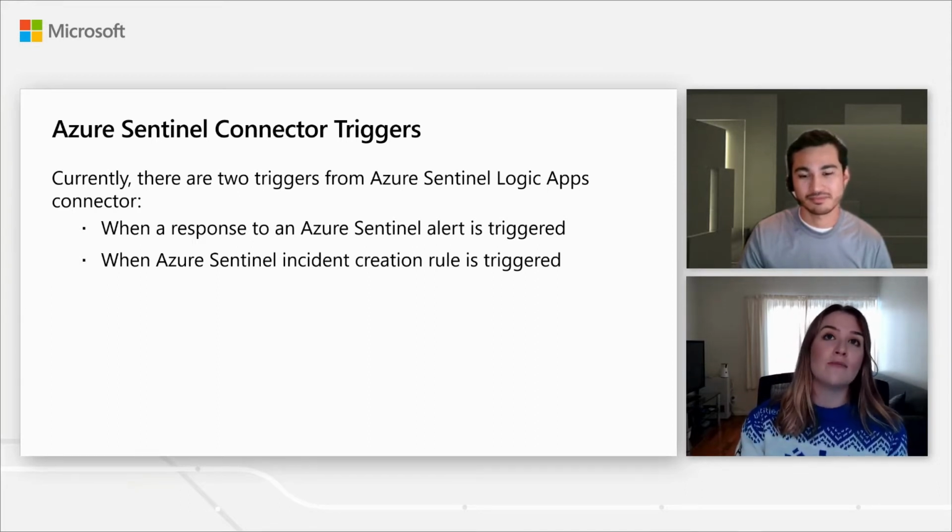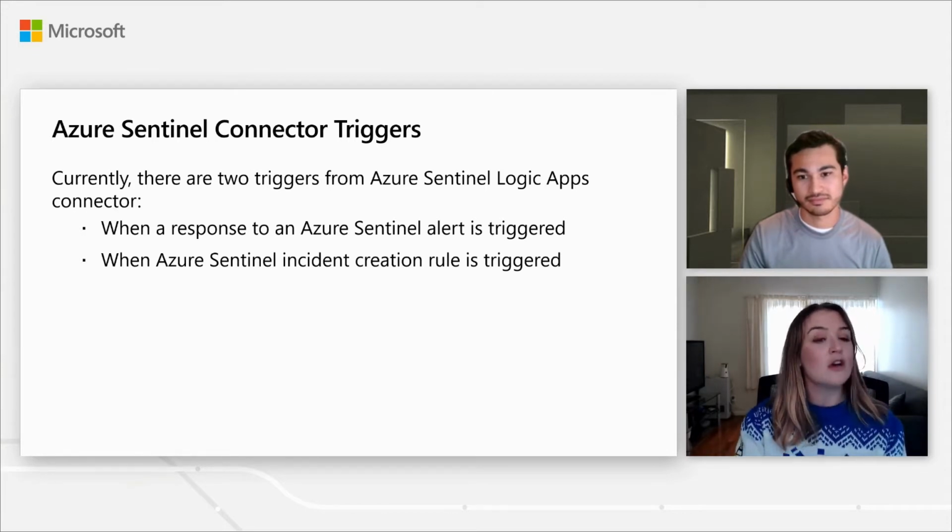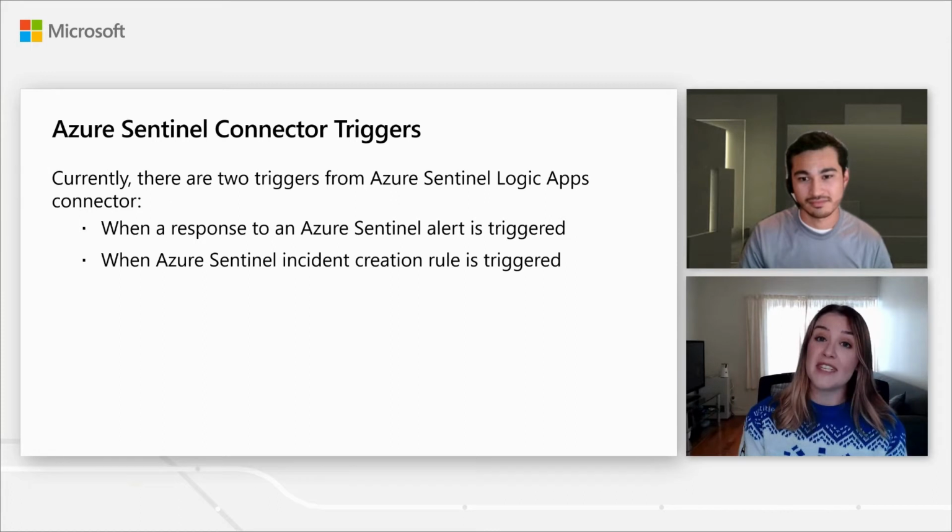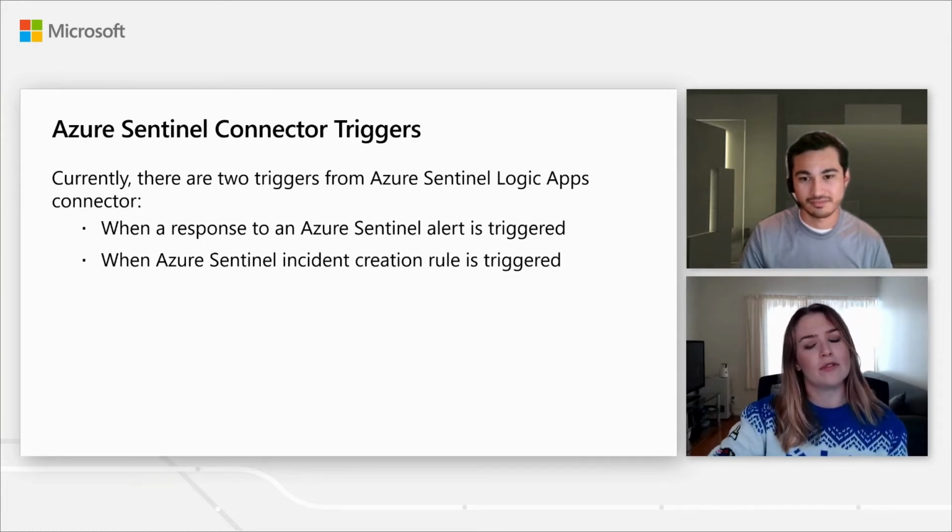You can run automation when an alert happens, but not necessarily an incident, or you can run automation when an incident happens. So if you see an alert by itself, you might say, okay, if this happens, I want to run this type of automation.